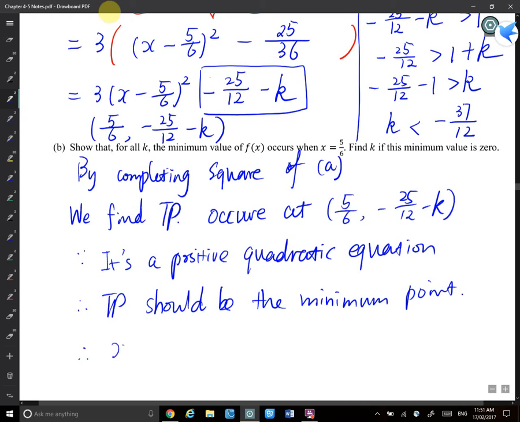So when x equals 5 over 6, the f(x) value will be minimum.